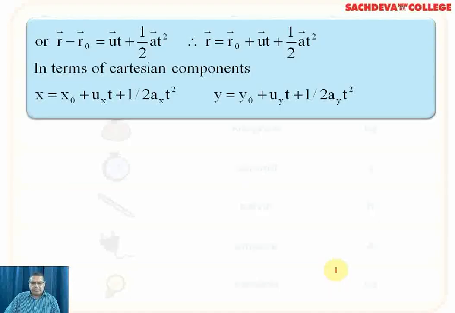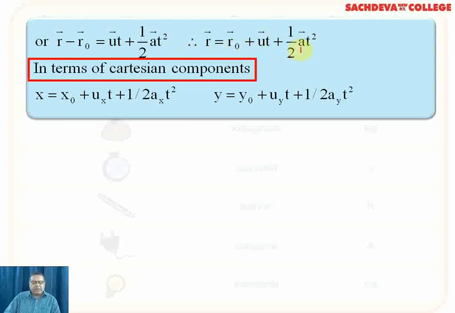into dt. Now we have integrated the function, and after integration we get r minus r naught is equal to ut plus half at square, where r naught means the position at t is equal to 0. So r is equal to r naught plus ut plus half at square.